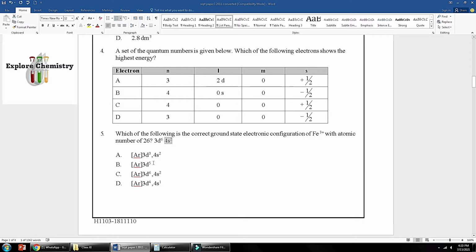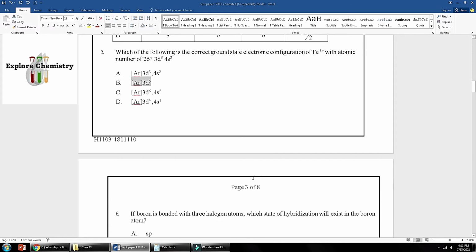So its valence shell electronic configuration will be 3d5. This is representing argon's electronic configuration, which contains 18 electrons. So 18 plus 5 makes 23 electrons, and the iron +3 charged ion has 23 electrons.